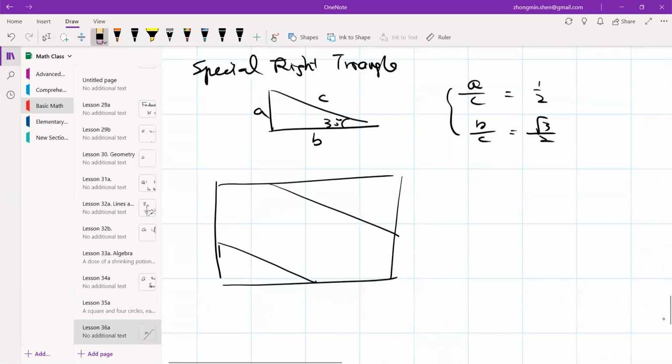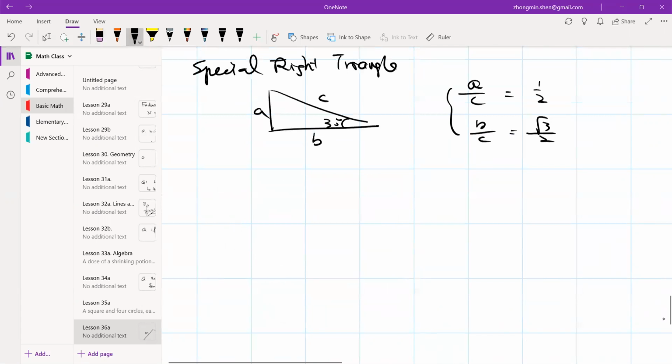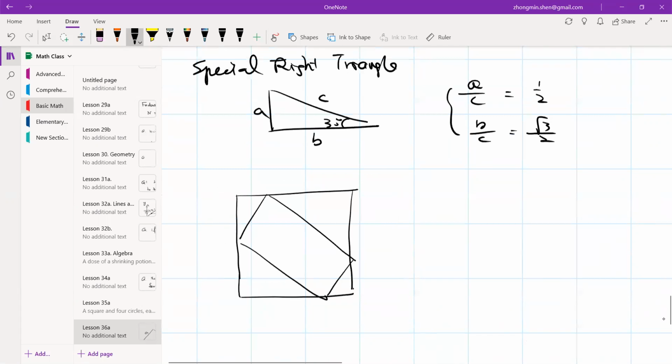Draw the triangle first. Here's 30 degrees. It's 12, right? And this will be 2 square root 3. That's all the information you have here.